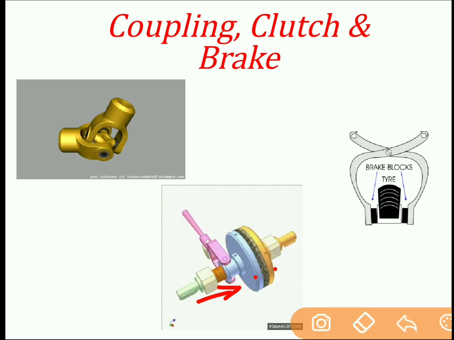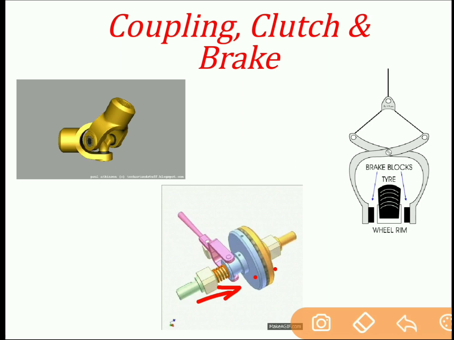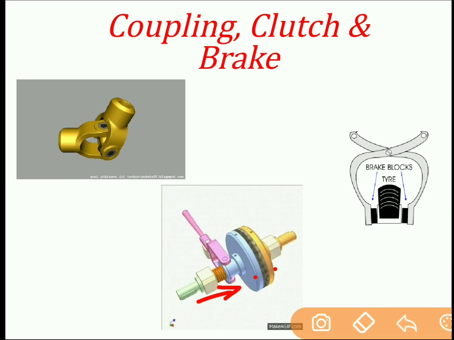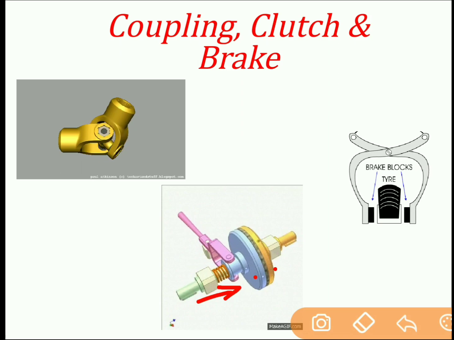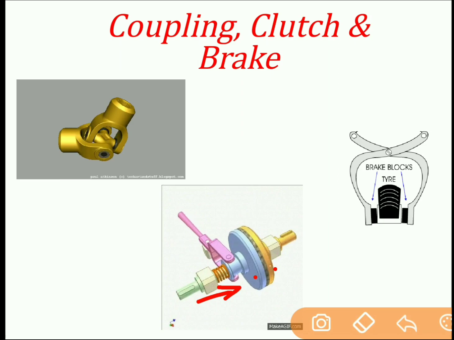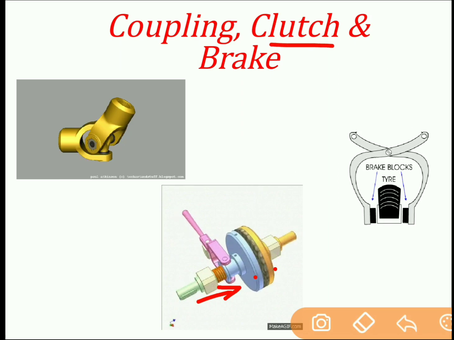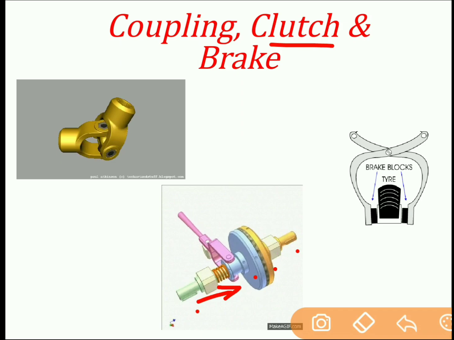So when these two discs come in contact, it is considered as clutch said to be in engaged position. And when these two discs are not in contact, it is considered as the clutch in the disengaged position. So clutch is a device which is used to engage or disengage driving shaft and the driven shaft.